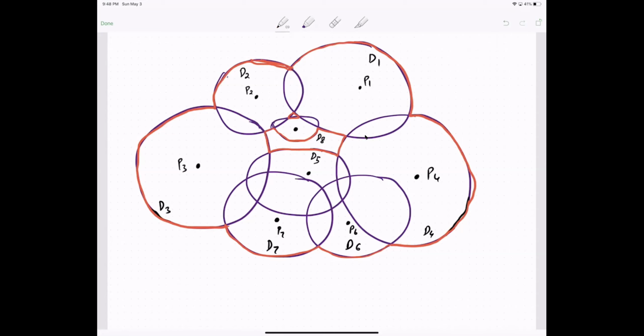I'll join some of these PiPj. The rules will be explained pretty soon: on what basis are they being joined? We need this for the proof, that's why we are doing this joining business here.